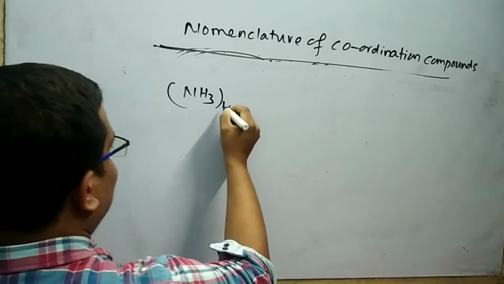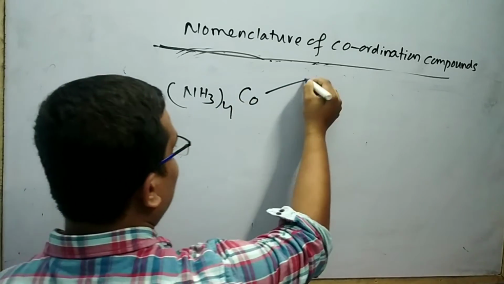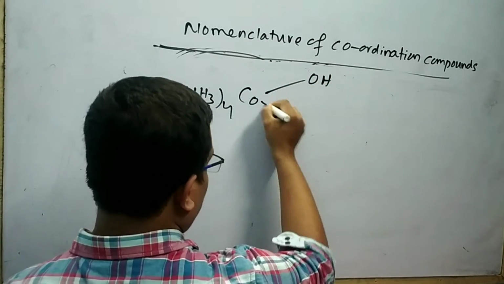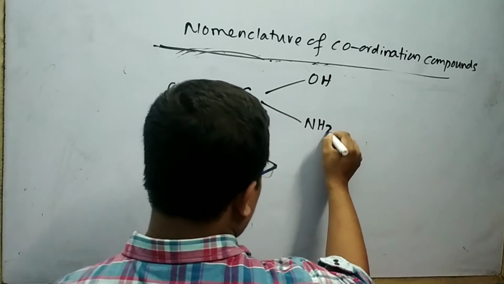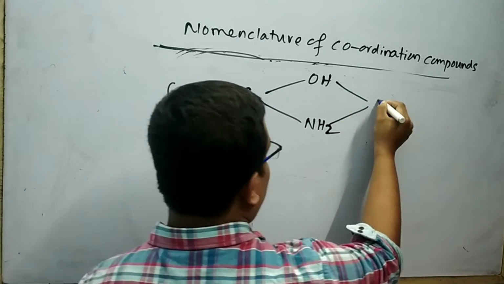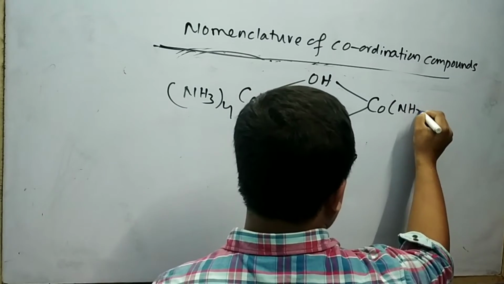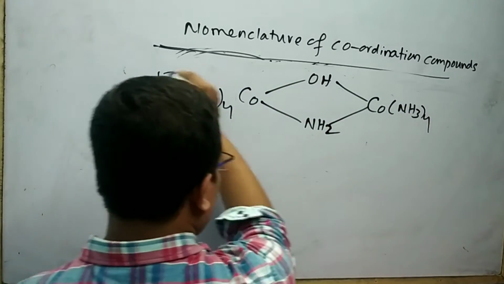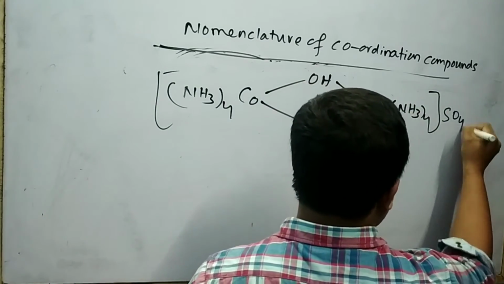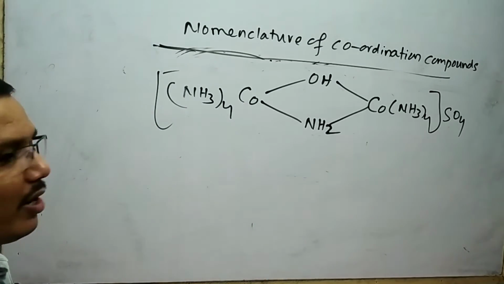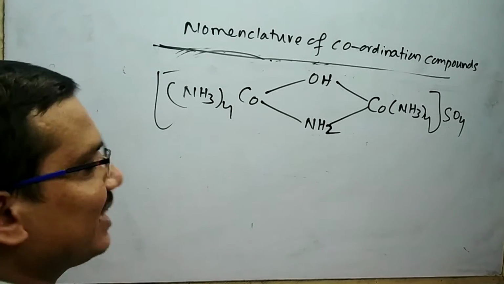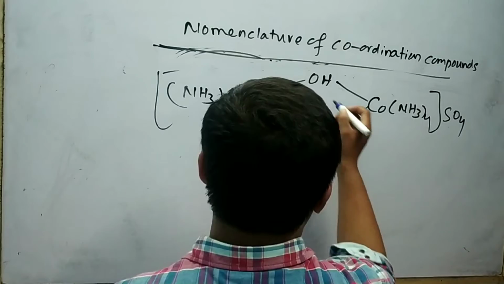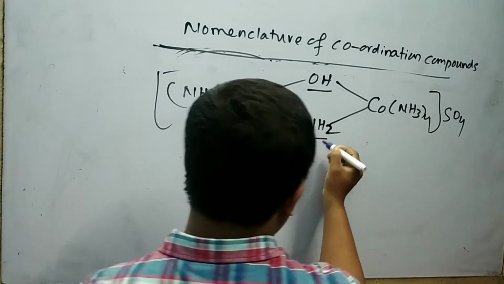Suppose I will take an example like this: [(NH3)4Co(OH)(NH2)Co(NH3)4]SO4. This is a coordination compound. A bridging ligand is present. The bridging ligands are OH and NH2.